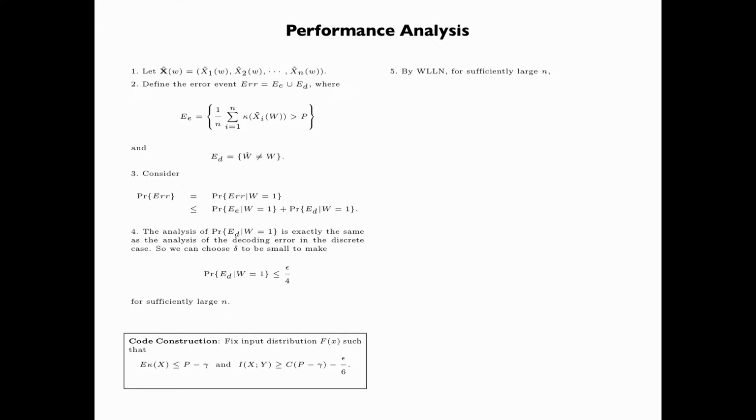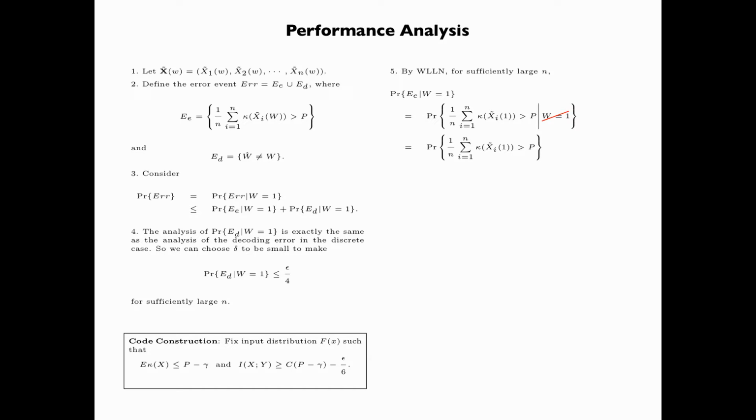We are now going to apply the weak law of large numbers to analyze the probability of the event E sub E conditioning on W equals 1. This is the probability that the first codeword in the codebook violates the input constraint, conditioning on W equals 1. Since the choice of the message is independent of the code construction, we can remove the conditioning on W equals 1.